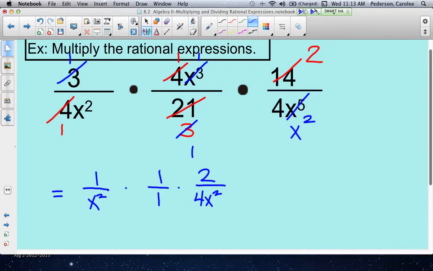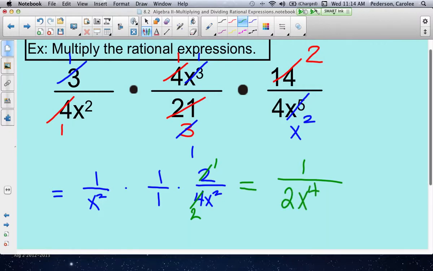Look again, these can cancel to 2 and 1. Now let's multiply across. 1 times 1 times 1 in the numerator is a 1. And then x squared times 1 times 2 times x squared is 2x to the 4th.